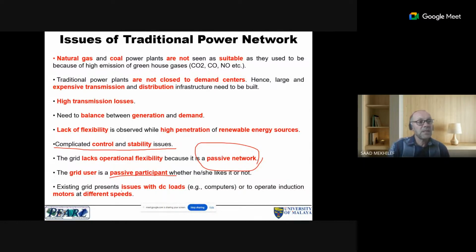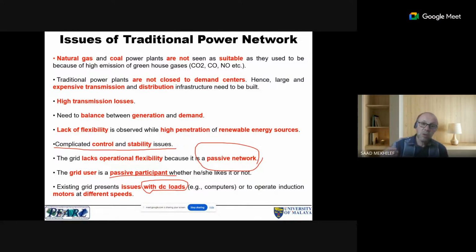The existing grid also presents an issue with DC loads. This is another issue. All this grid is AC in nature. When we have DC loads, for example DC motors or DC computers, all the IT equipment is DC in nature anyway.